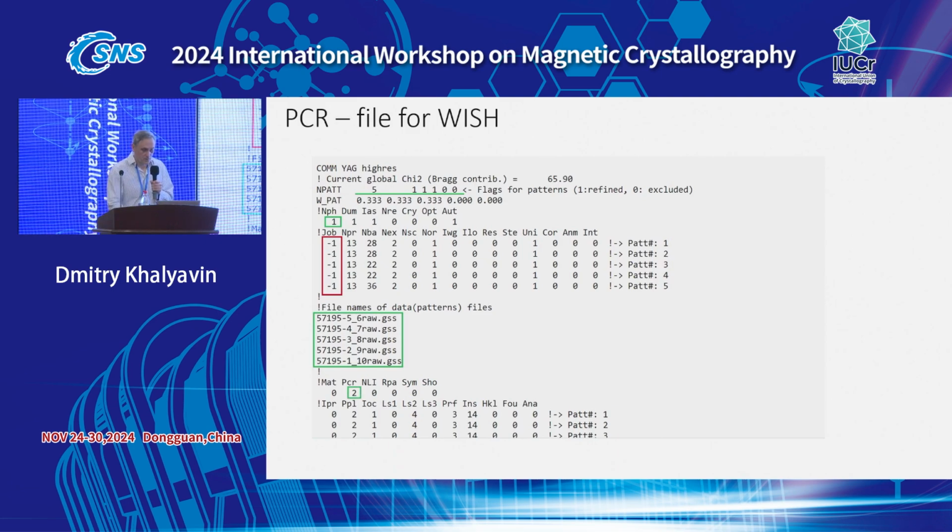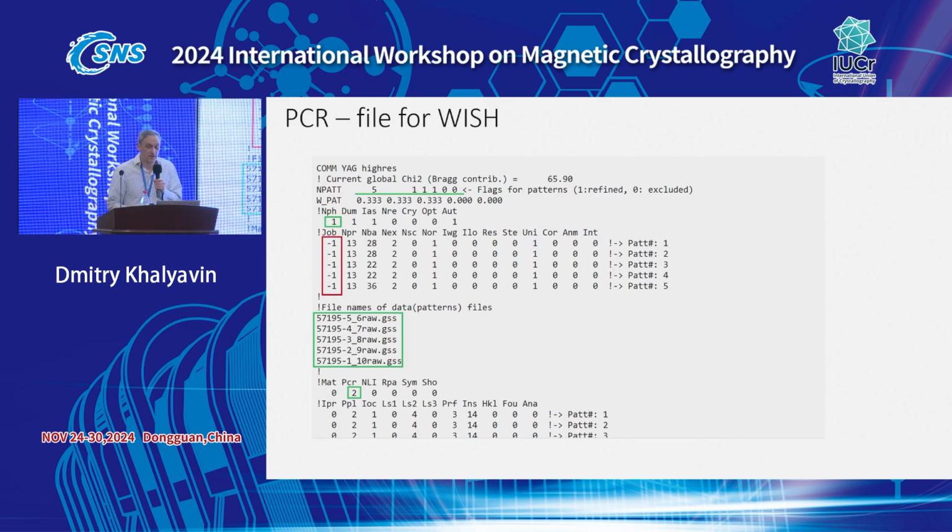Okay, so another parameter I want to draw your attention to is this PCR. You see in this PCR file it is set to 2. It means that after finishing the refinement procedure, FullProf will generate a new PCR file with extension .new, where the new parameters will be saved. So it won't overwrite this existing PCR file.